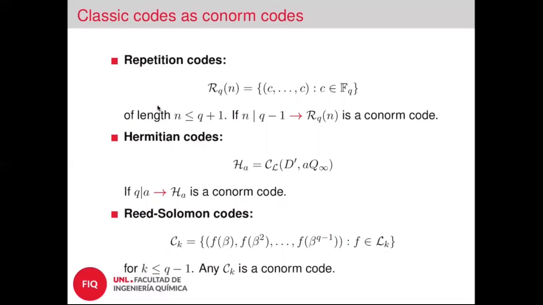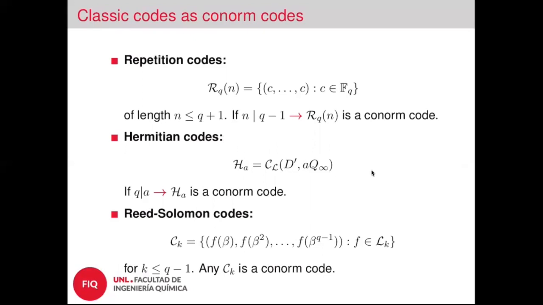We have a representation of these codes as conorm codes. For example, the repetition code, which is just repeating n times the same symbol: if the length divides q minus 1, we can represent this repetition code as a conorm code.